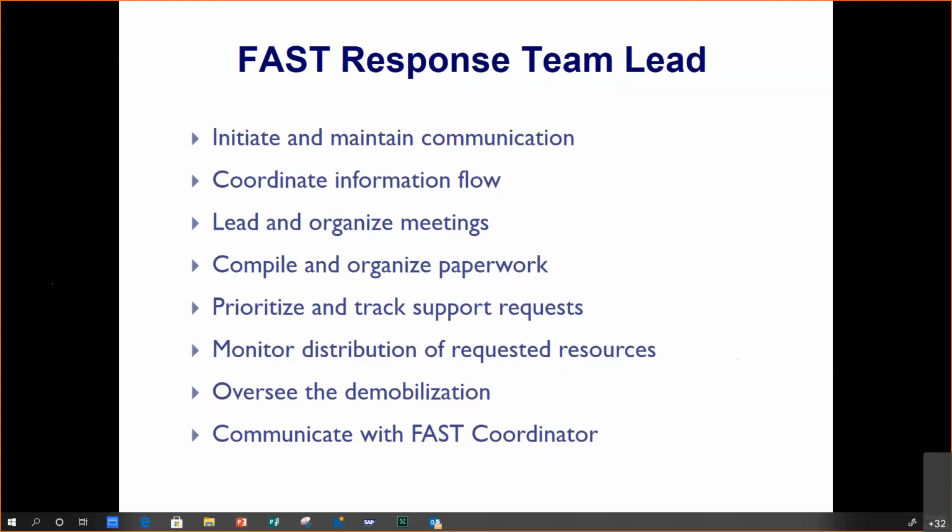You're also going to make sure the FAST members at the disaster center are checking in. If they have any concerns or questions, you're kind of there as their source for information. You'll lead and organize the meetings or briefings, as they're sometimes called.